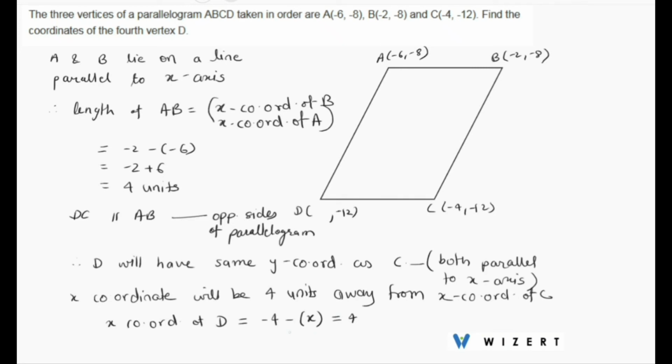So x will go over to the right side and 4 will go over to the left side. So we have x equal to -4 minus 4, equal to -8. So we get the x coordinate for D as -8.